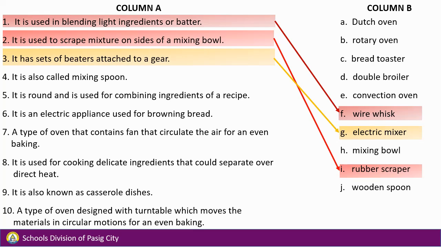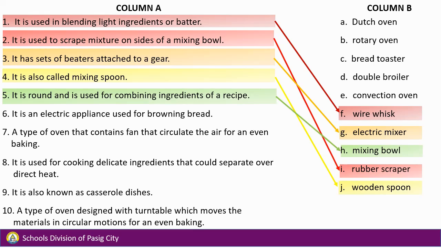G. Electric mixer. 4. It is also called mixing spoon. J. Wooden spoon. 5. It is round and is used for combining ingredients of a recipe. H. Mixing bowl.